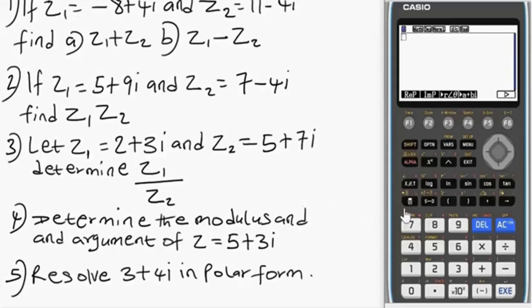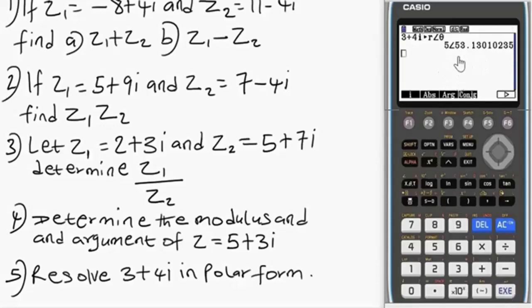So let's press it. Now once you do it, you go to this side and input this complex number. We have it to be 3 plus 4i. Press F6 to bring in i. Okay, so that's all. Press execute.